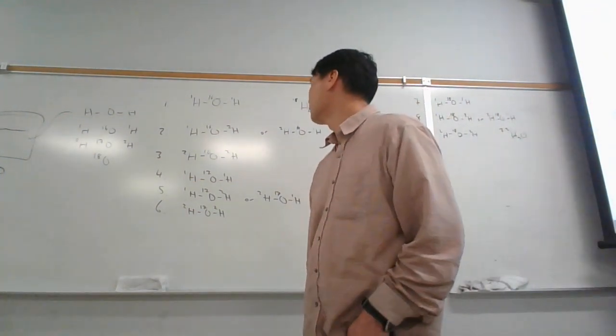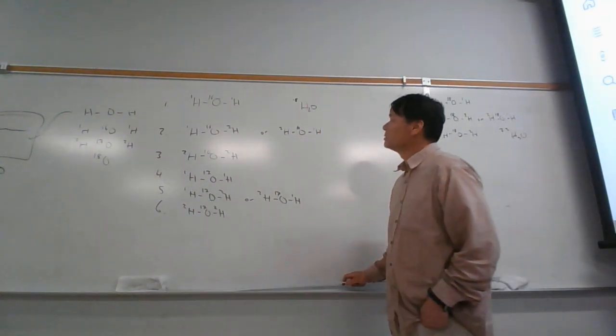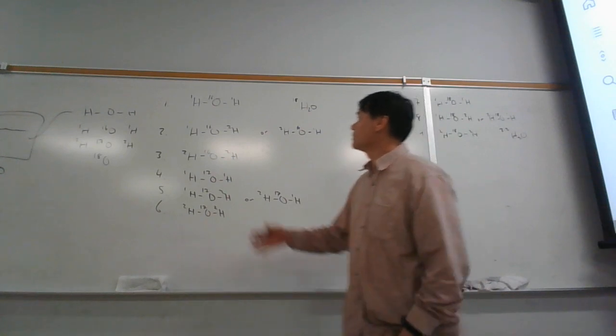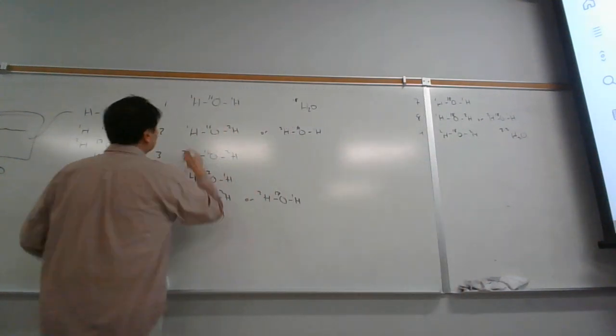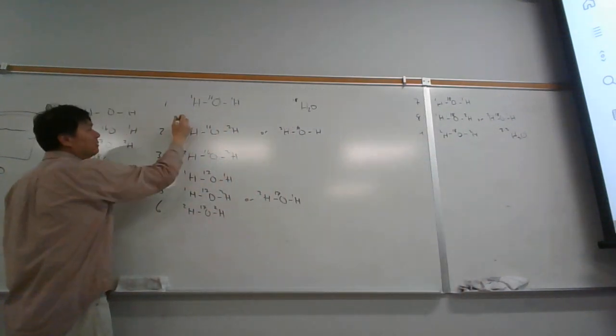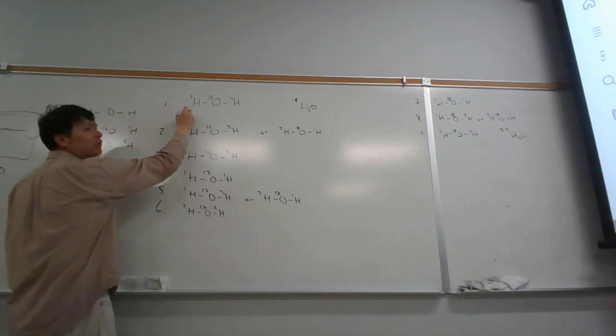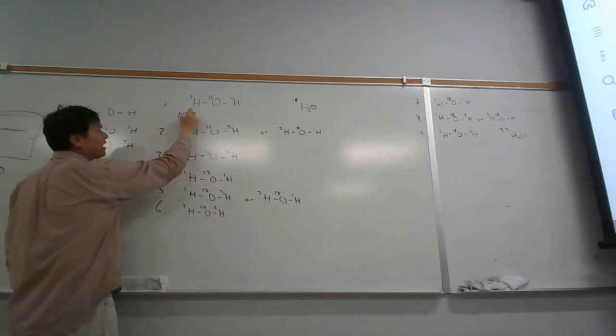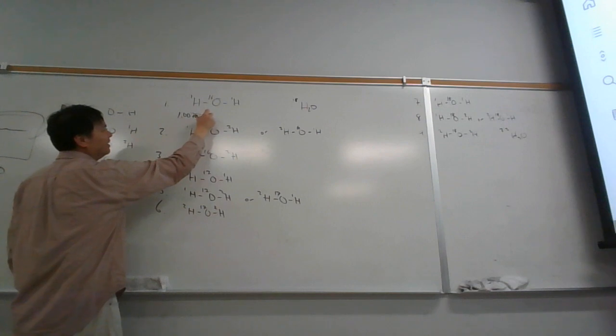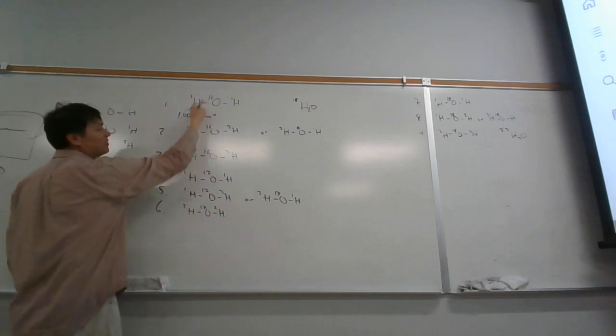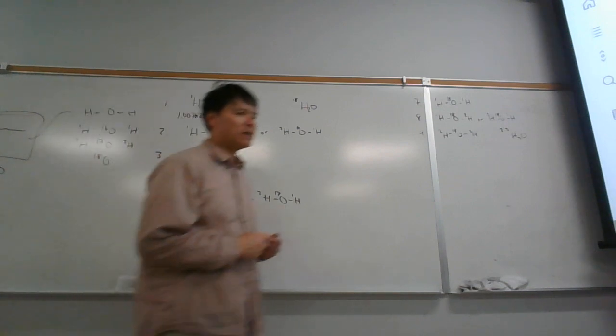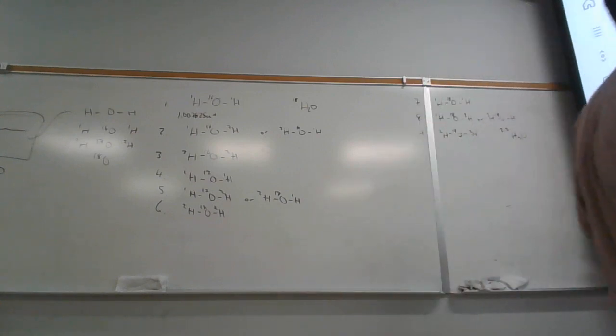All right, so what we'll do is, if we want to figure out how much this water molecule weighs, then we need to know the mass of H1. The mass of H1 is 1.007825 U. Then we need to know the mass of O16, not the average mass, but the actual mass of O16. The mass of O16 we get from the table.